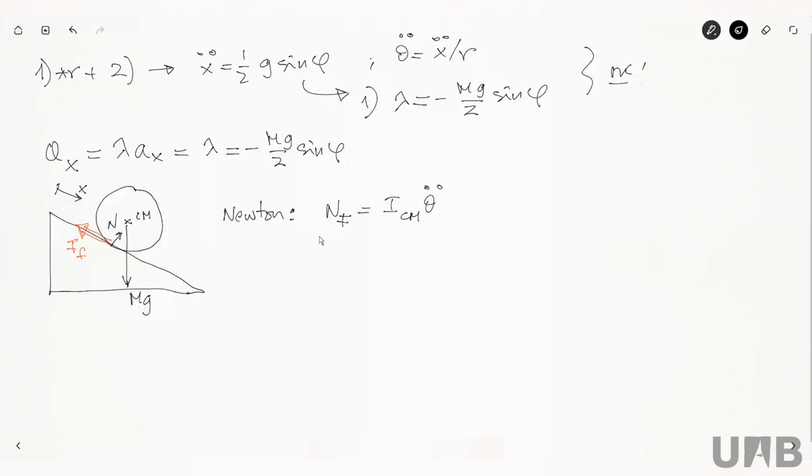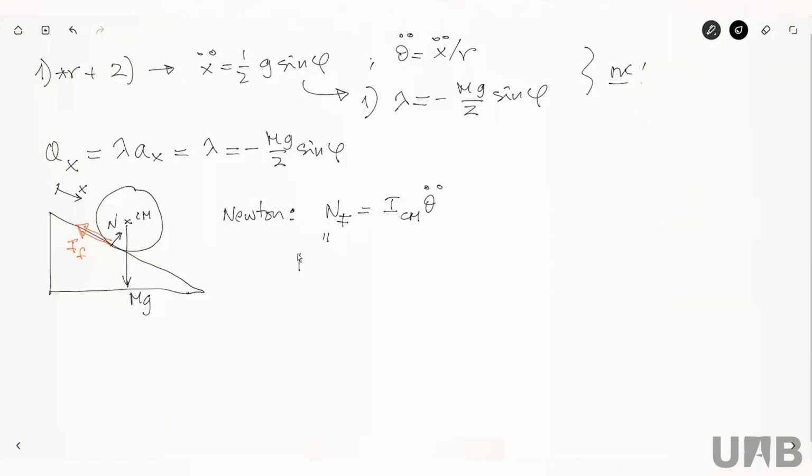However, the moment of all the forces through the center of mass actually has only friction as the non-zero contribution, because the weight goes through the center of mass, so the moment is 0. The reaction N from the inclined plane also goes through the center of mass, so that also gives you a moment 0. And the only one which is non-zero is the force of friction.